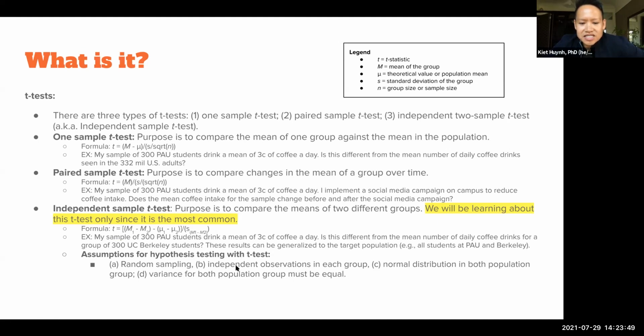There need to be independent observations in each group. That means each person in each group needs to be unrelated to other people in that group. By unrelated, I mean, for example, you can't have one person provide 2 data points in the sample. Everybody needs to provide 1 data point.